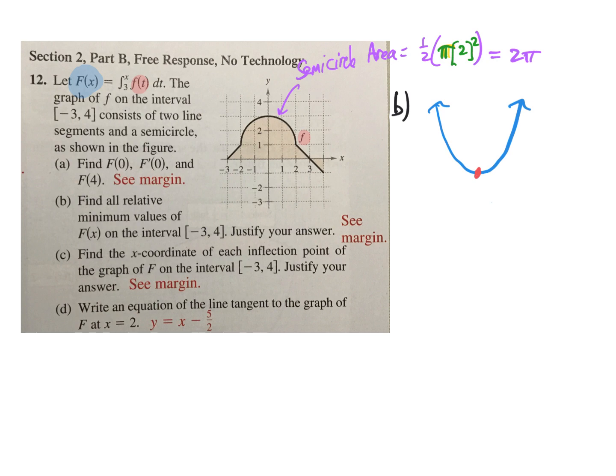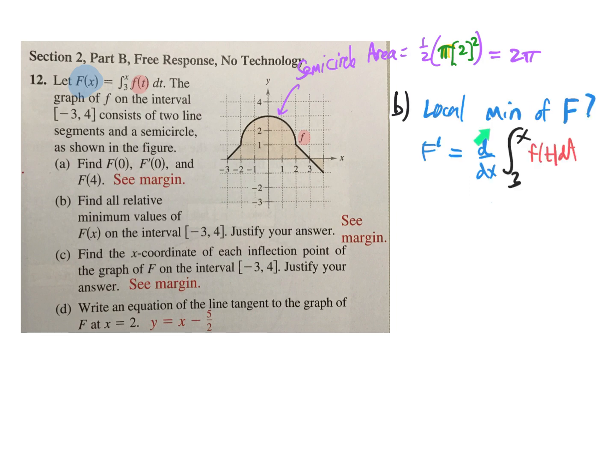And after that, the slope becomes positive, and then a bigger positive, etc. So to find local minimums of big F, we're going to check to see where F prime goes from negative to positive. And F prime is the derivative with respect to x of this, which is little f of x by the second fundamental theorem of calculus.